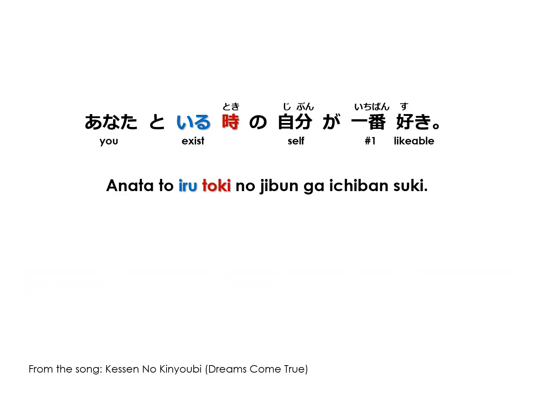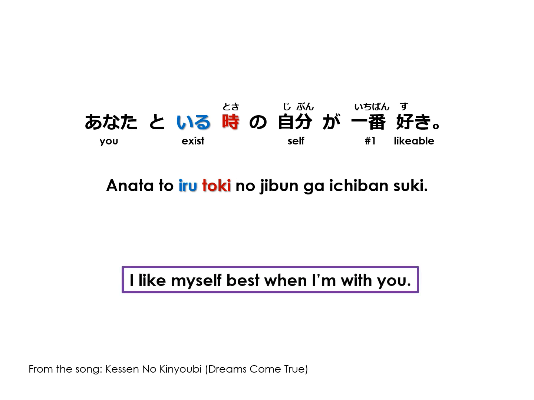This one is from the popular song Kessen no Kinyobi. あなたといる時の自分が一番好き。The self when I'm with you is the best, or I like myself best when I'm with you. Again, we have the particle no coming after toki.